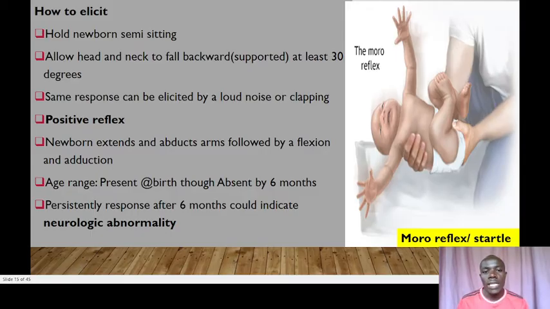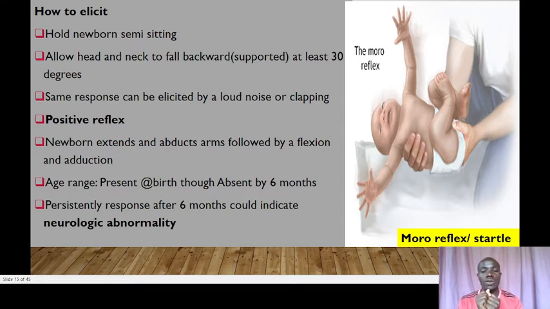Some response can be elicited even just by making a loud noise or clapping, and you can see how they respond. When do we say that the startle reflex or the motor reflex is present? When the newborns extend and abduct, followed by flexing and adducting.